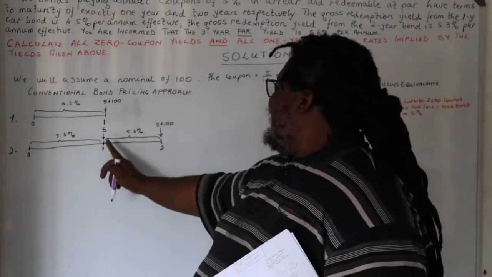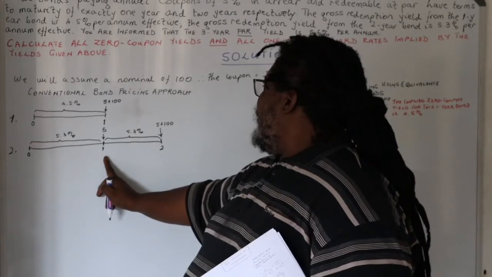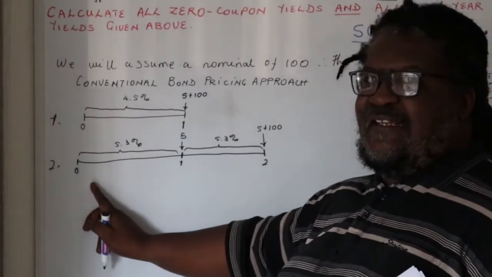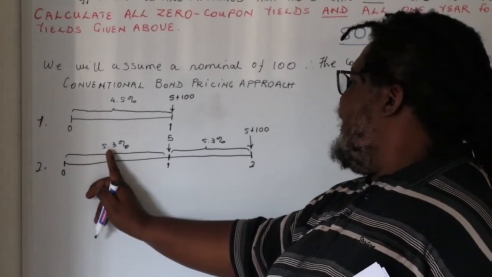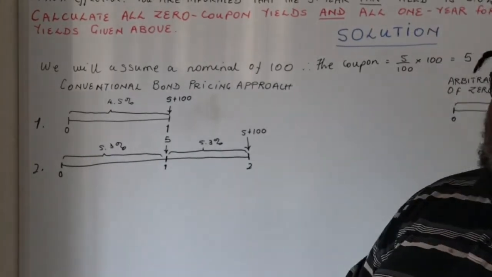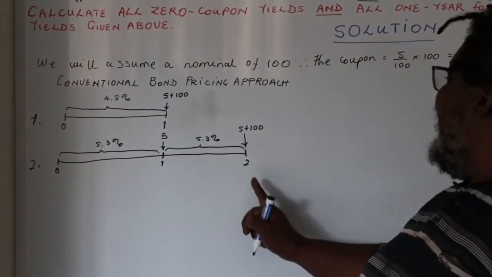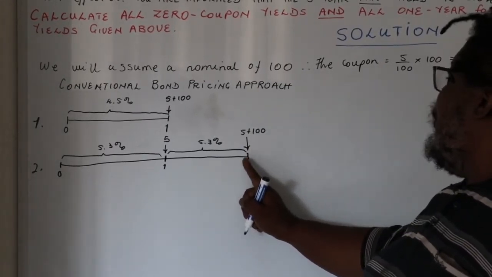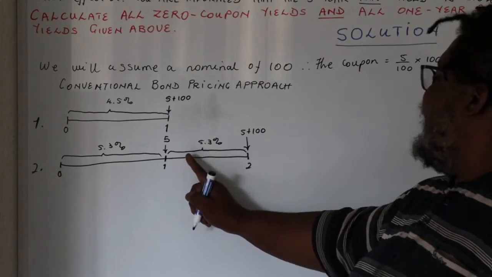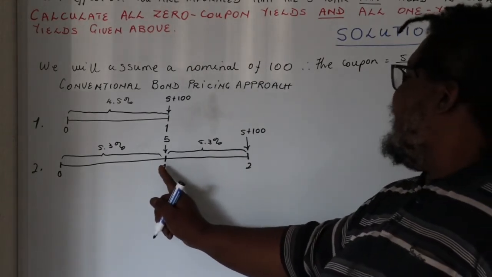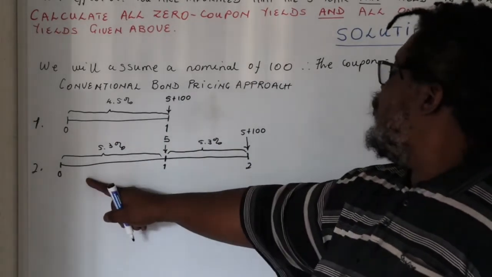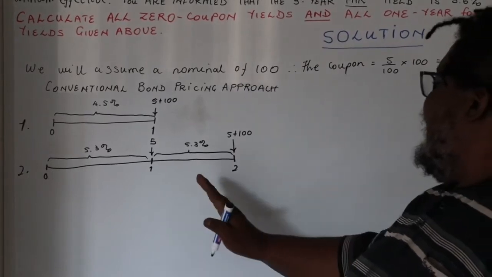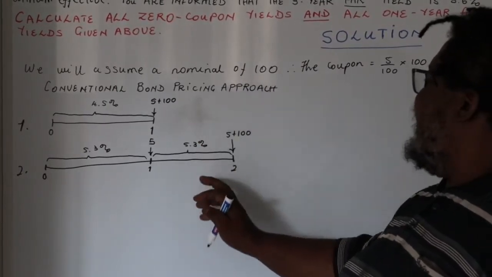In other words, the 5 coupon that you are paid in period 1, when you discount it to the beginning, you use the yield or discounting factor of 5.3%. And then at the end, when you get your 5 plus 100, you use the 5.3% for this period as well, and go back 2 periods for your discounting. And that is the conventional bond pricing approach.